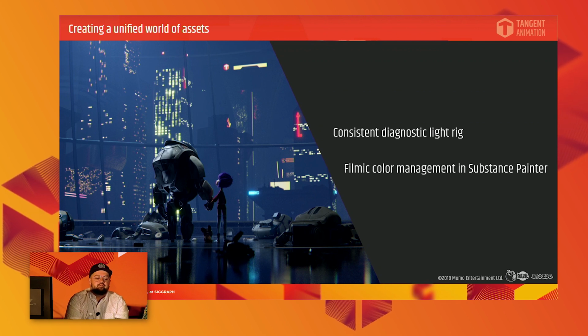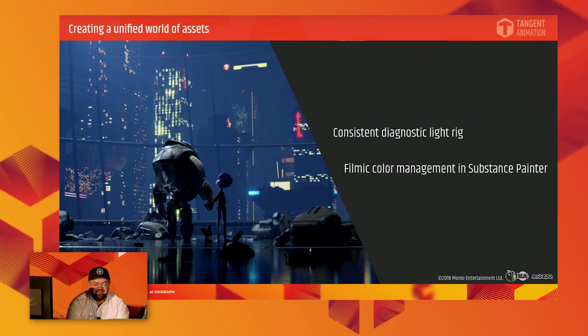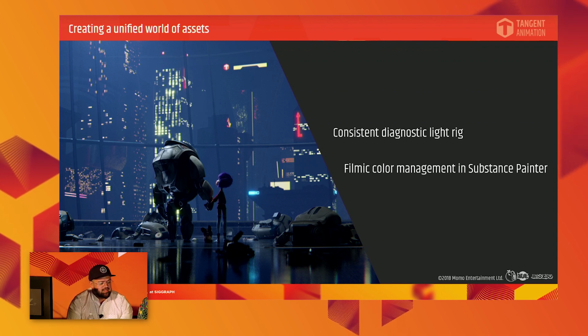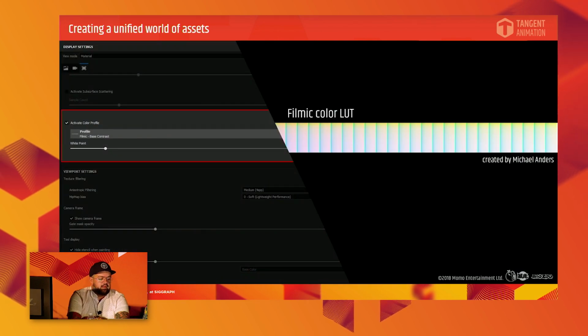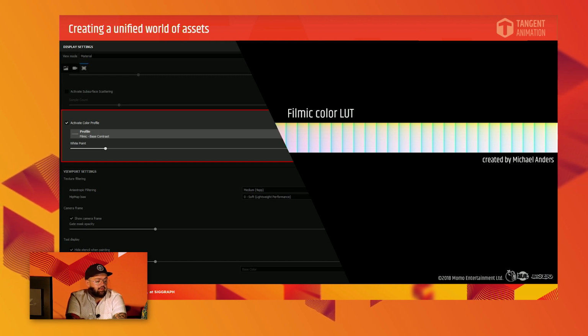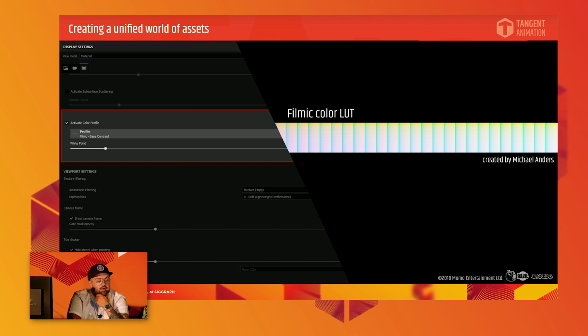Unfortunately, we had started surfacing in an sRGB color space, so we couldn't really change it halfway through for consistency reasons, but we are finished with Next Gen, so we can change that now. And we switched our light rig to Filmic and are now more accurately able to build our shaders to suit the look of the Filmic LUT used by the lighting department.